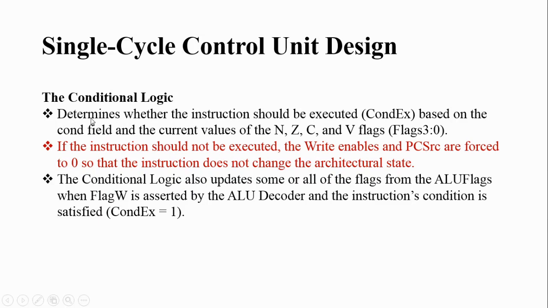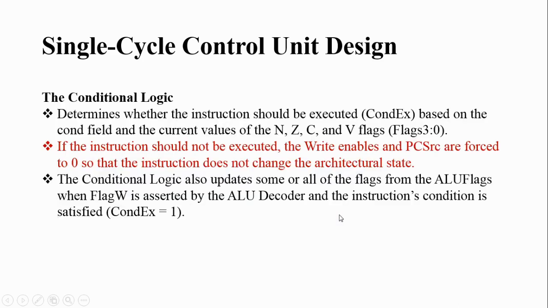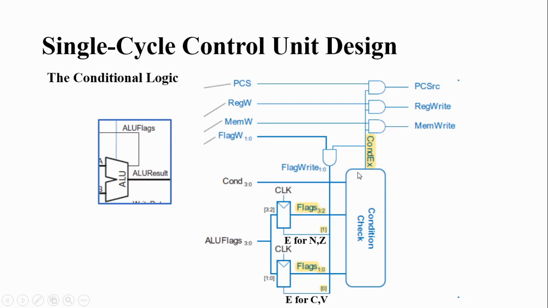The conditional logic determines whether the instruction should be executed based on the condition field and the current values of the NZCV flags, right? You have seen the condition field, the last 4 bits.